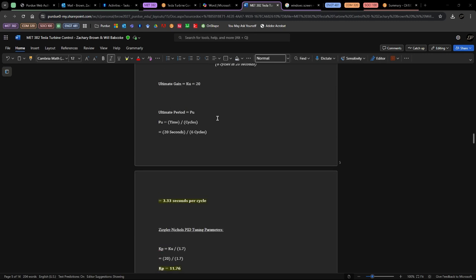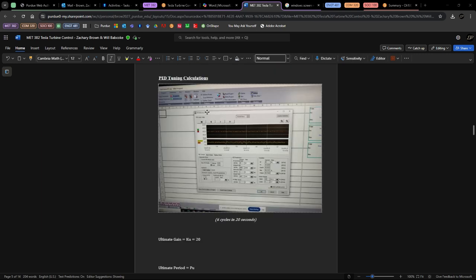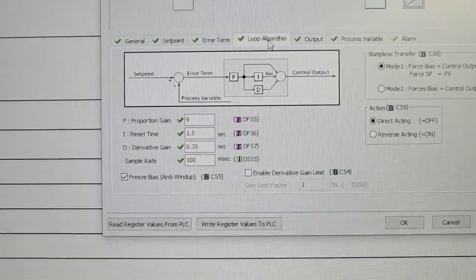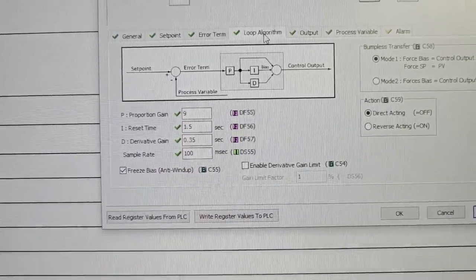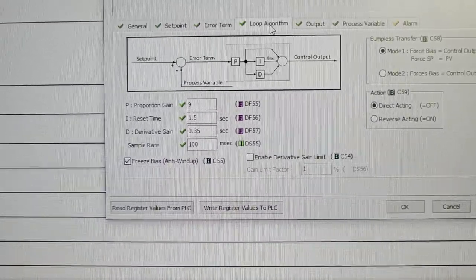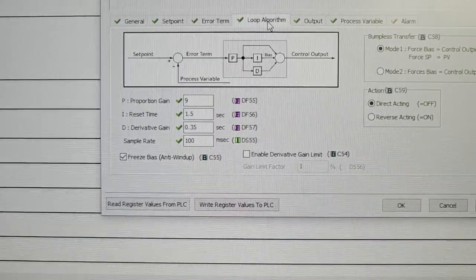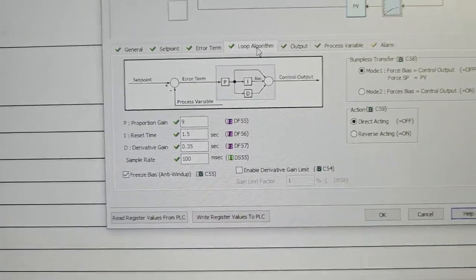So after we got that and plugged it in, then we did some fine-tuning with the system in place to make sure that the curve is as good as it's going to be, and that it responds more effectively after a load is applied and then removed. So we have a proportional gain of 9, the reset time for the integral 1.5 seconds, derivative gain at 0.35 seconds, and the sample rate at 100 milliseconds.